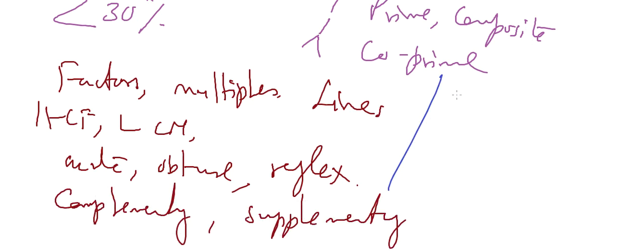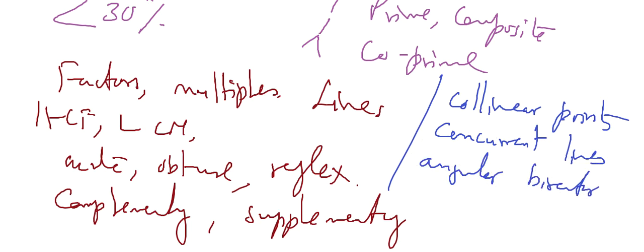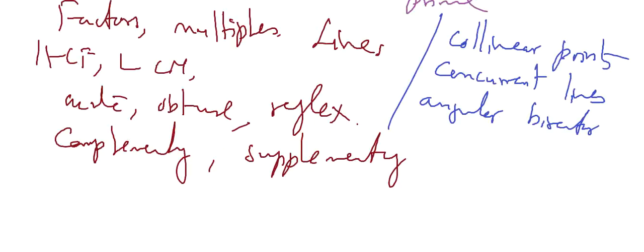Okay, what are collinear points, concurrent lines, angular bisector. So all these terms the student should be familiar with.